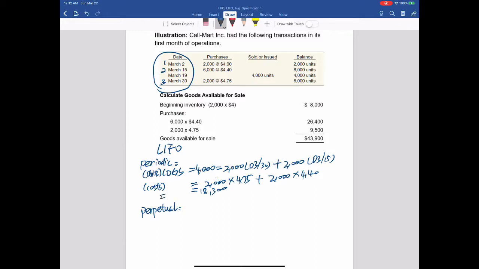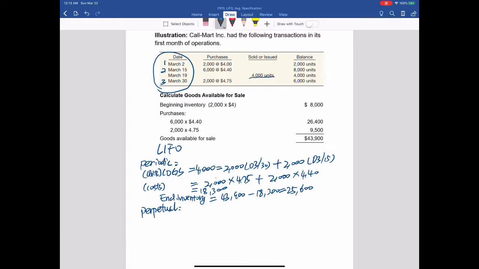And to determine the ending balance of inventory, we still use 43,900 subtract 18,300 is 25,600. Next one is a perpetual inventory system.